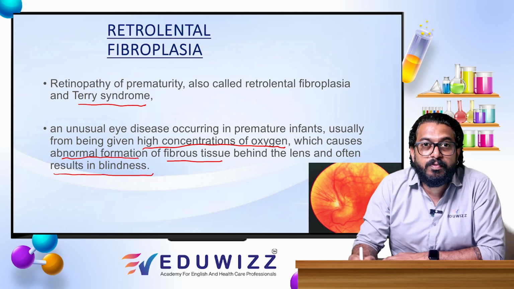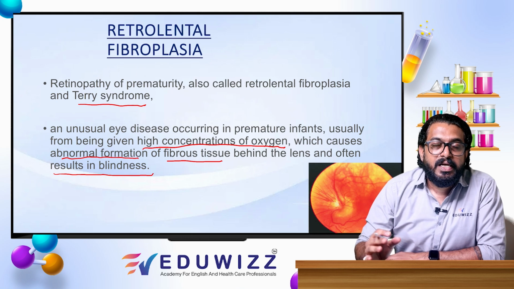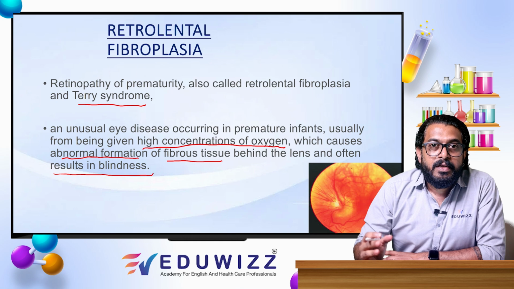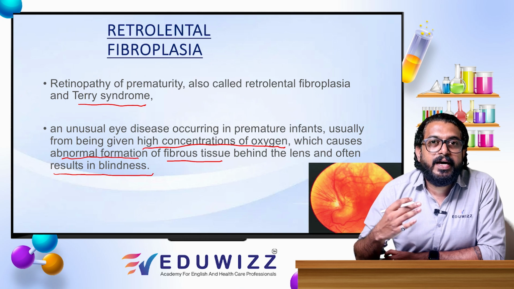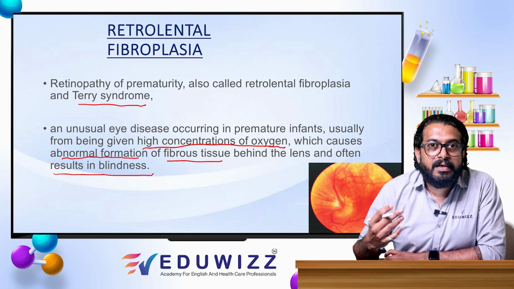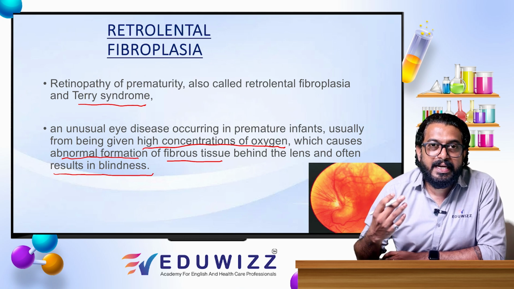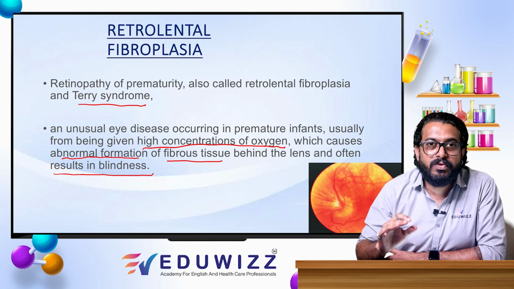So retrolental fibroplasia is a condition which causes blindness in babies because of giving high concentration of oxygen. What happens is in premature babies, the retinal layers are not fully developed. So if you give high concentration of oxygen, it will lead to abnormal growth or scar tissue formation in the retinal layers and behind the lens, which causes blindness. So it occurs due to administration of high oxygen concentration.